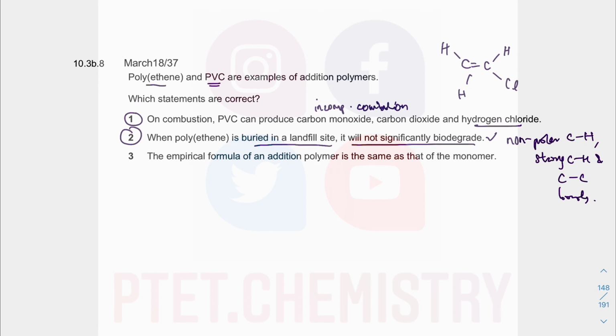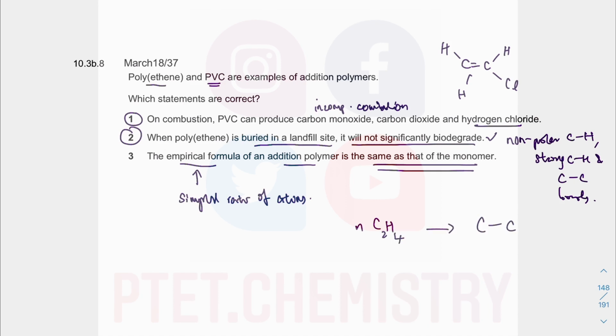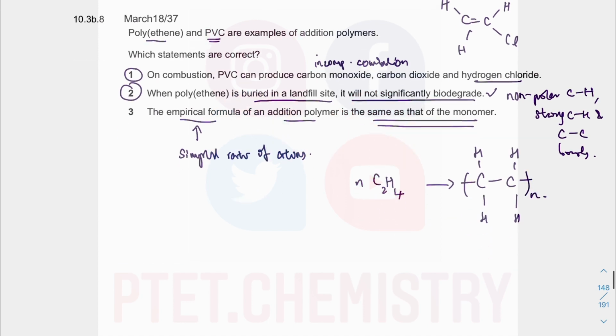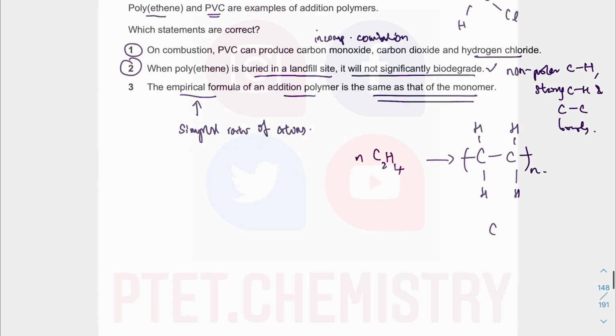The empirical formula of an addition polymer is the same as the monomer. Empirical formula is the simplest ratio of atoms, and in an addition polymer, if you have C2H4, that is basically your ethene. You have n number of molecules, and then you get the polymer, (C2H4)n.